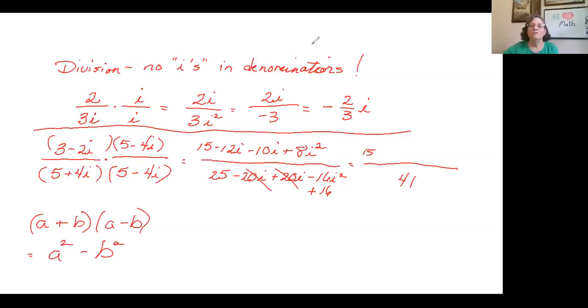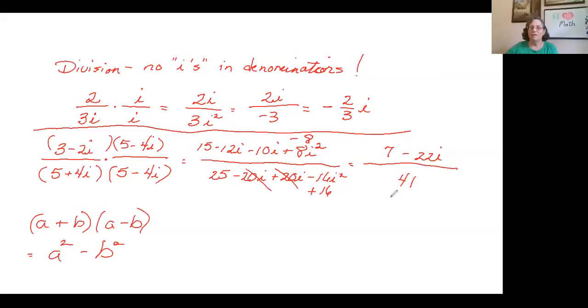Let me hold off for a second before I put this 15. This and this are going to give us a negative 22i. This is going to be 15 minus 8 plus 8i squared would be minus 8. And 15 minus 8 is 7.